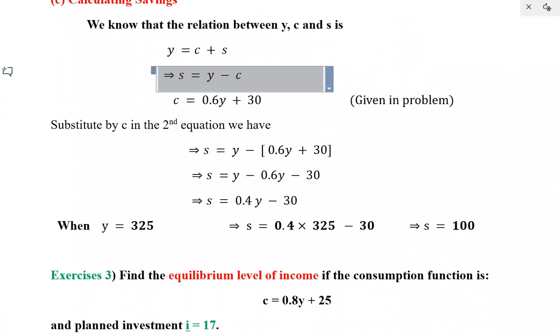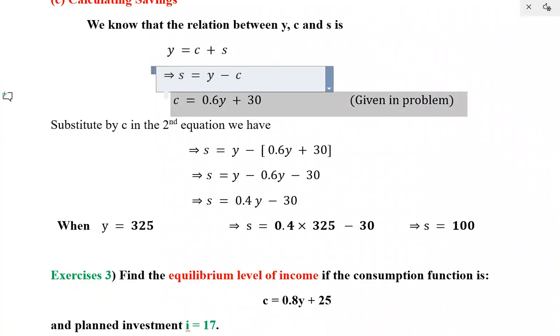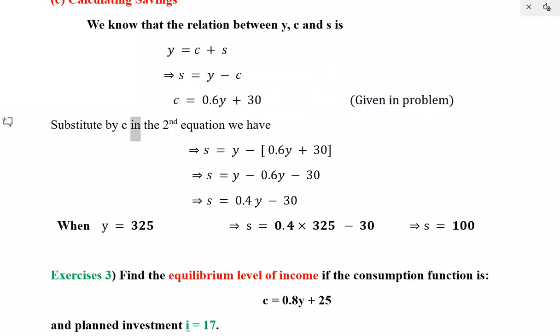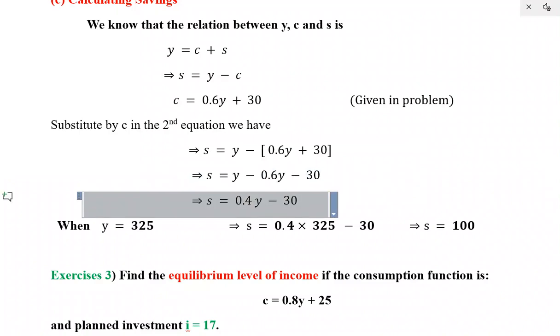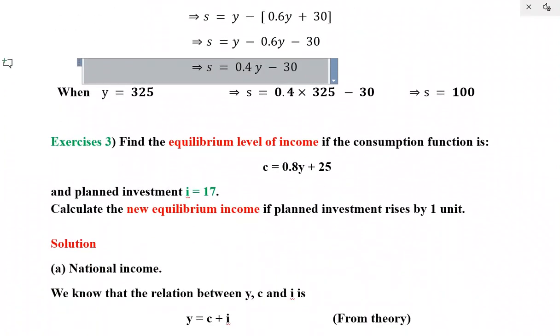C. Calculating savings. We know that the relation between Y, C, and S is Y equals C plus S, which implies S equals Y minus C. C equals 0.6Y plus 30, given in the problem. Substituting for C in the second equation, we have S equals Y minus (0.6Y plus 30), which implies S equals Y minus 0.6Y minus 30, so S equals 0.4Y minus 30.